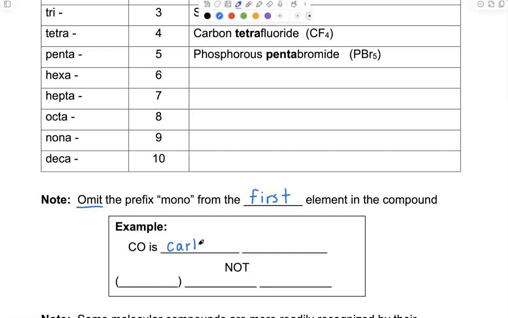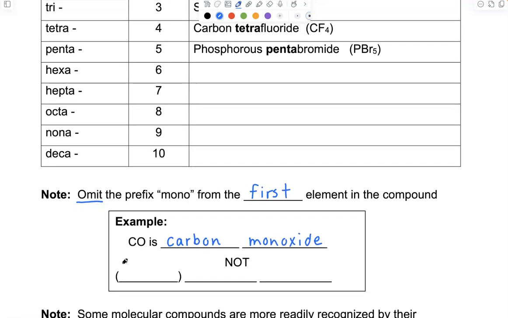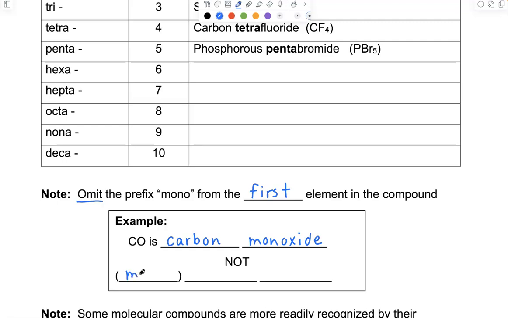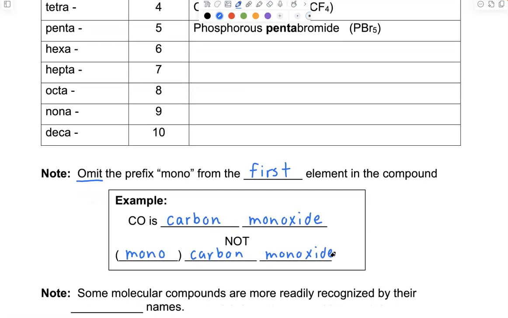So the name for this is going to be simply just carbon monoxide. We do not write this as monocarbon monoxide. Okay, that's just not the proper naming convention.